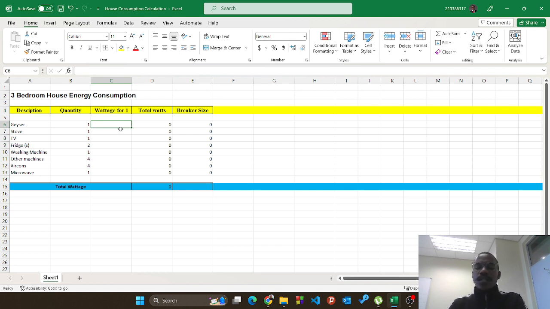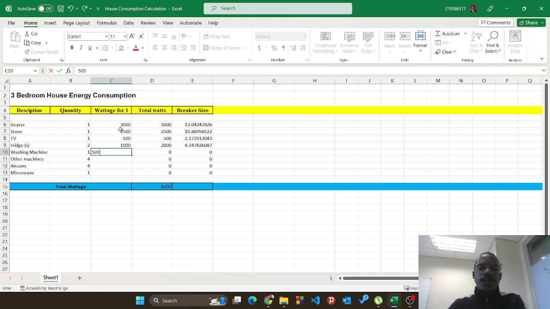So for a normal household, a geyser would be around 3000 watts, and a stove would be in the region of 2500 watts. A normal TV would have 500 watts, for example. A normal fridge would have 1000 watts. A washing machine will have 500 watts.